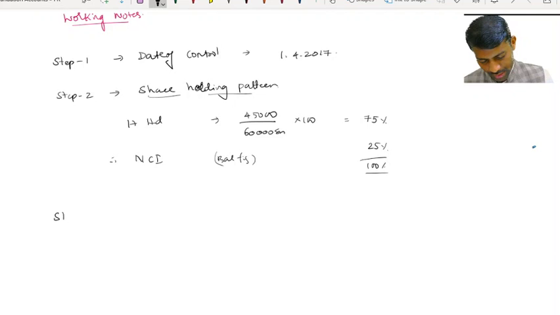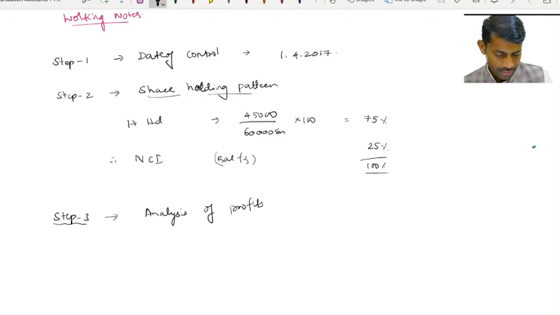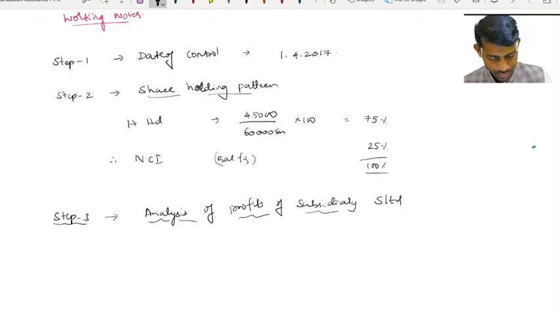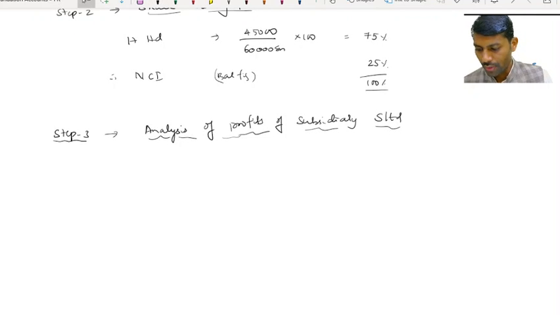Step 3: analysis of profits of the subsidiary, S Limited. First, we have general reserve.